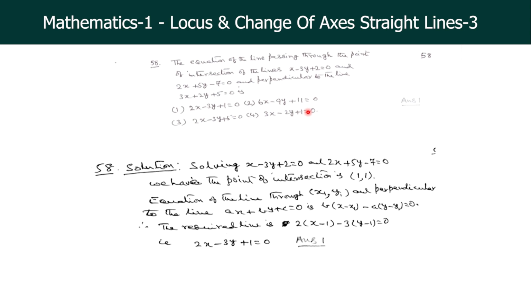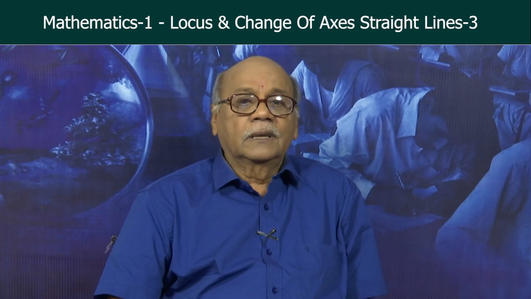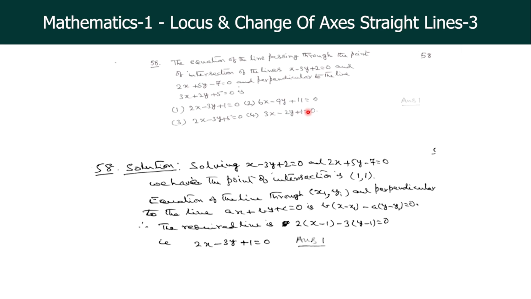And it is known that any line passing through the point of intersection of two lines L1 equal to 0 and L2 equal to 0 is of the form L1 plus lambda L2 equal to 0, where lambda is a parameter. All lines will be given from that except the line L2. When you take L1 plus lambda L2 equal to 0, when lambda is equal to 0, you will get L1.